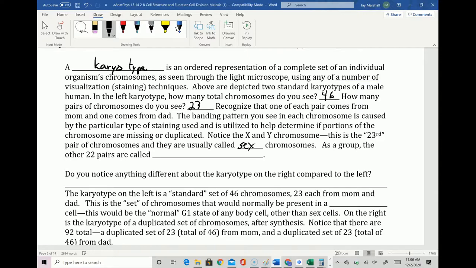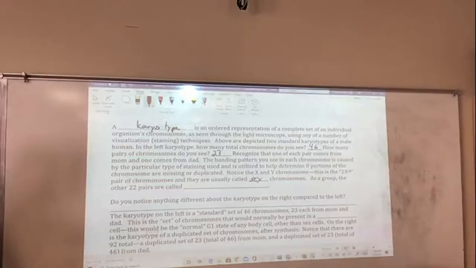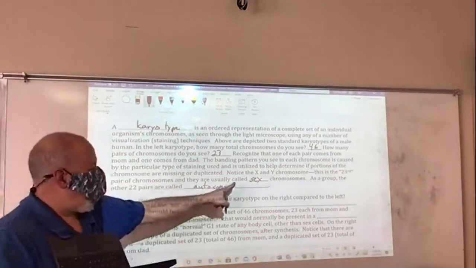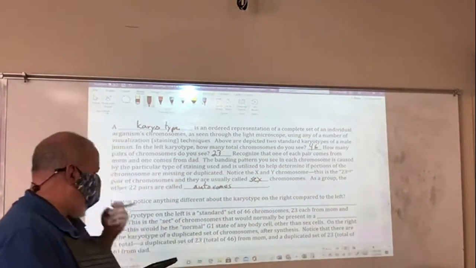Those are the sex chromosomes. As a group, the other 22 pairs, do you remember what we call them? You may not have heard this term before. These are called autosomes. Okay? Anything that's not a sex chromosome is an autosome.